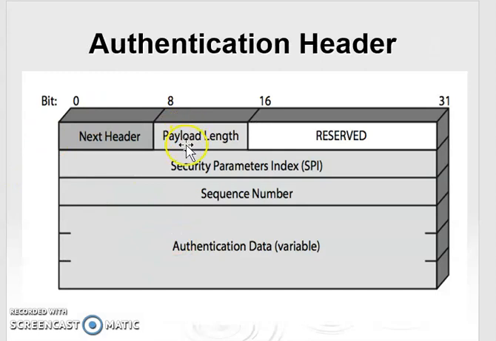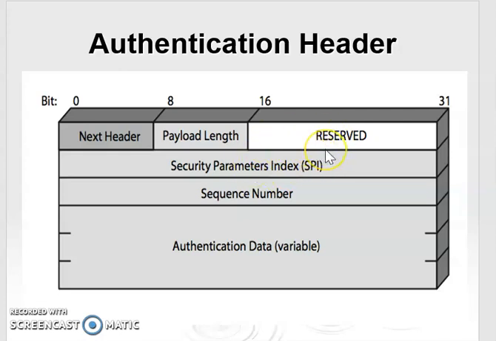Now you can see the authentication header, wherein we have the next header, then the payload length, then a reserved field. Then there is the security parameter index, which is an unsigned integer of 32 bits, used in the authentication header as well as ESP headers to select the security association.